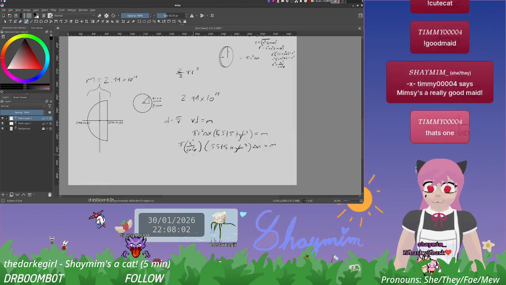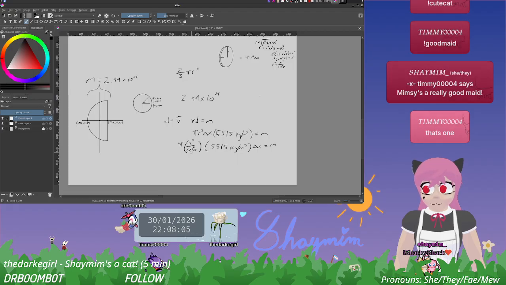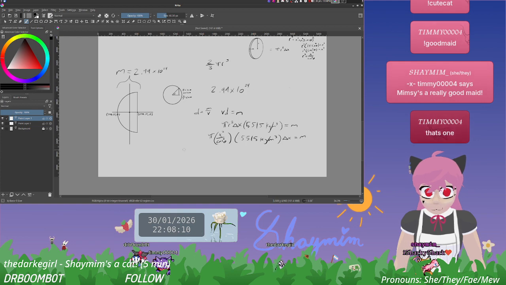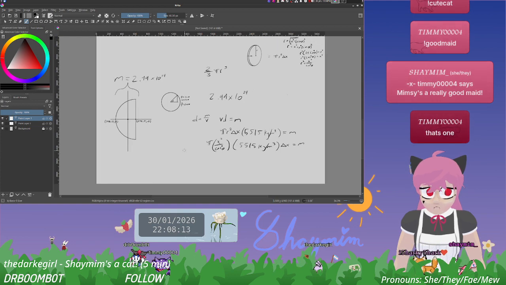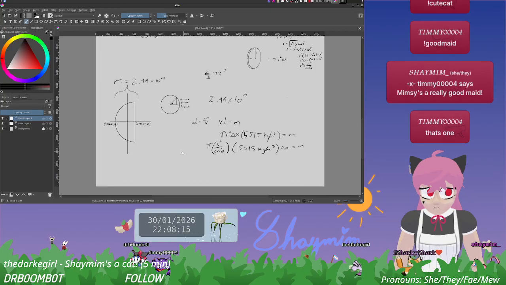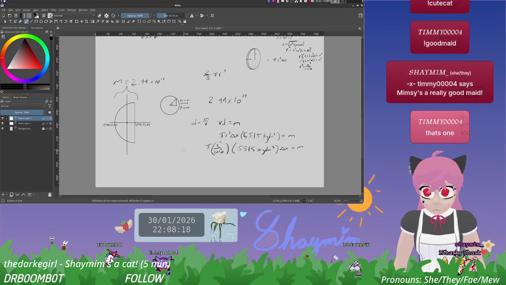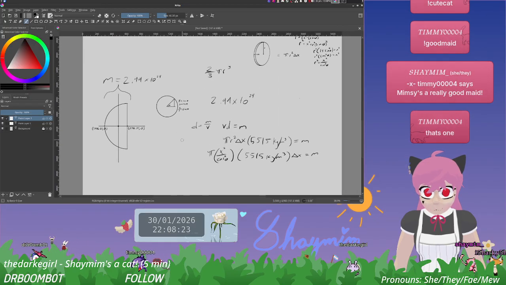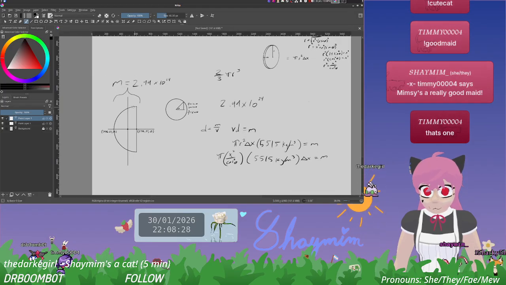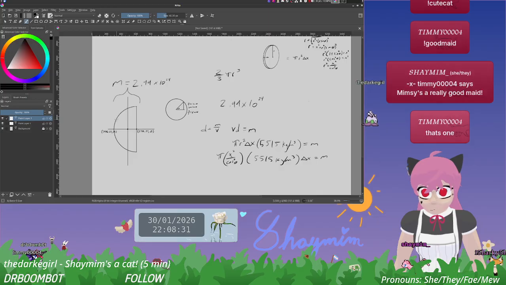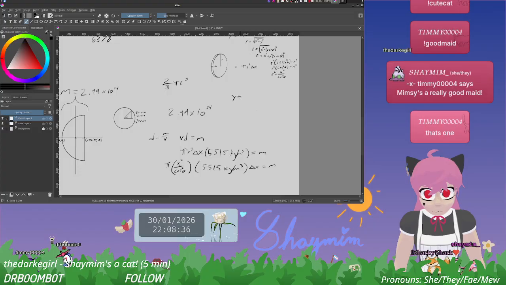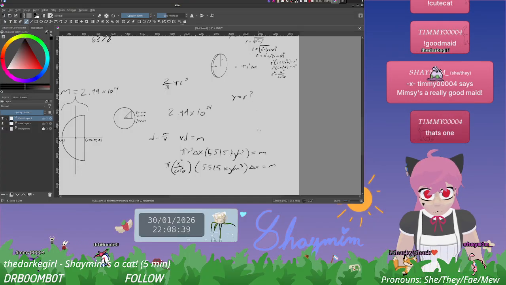I mean, I guess technically speaking, actually the radius is always just the value of y, isn't it? So maybe we'll just make that assumption. Right?